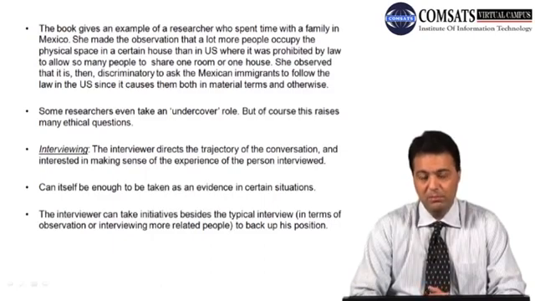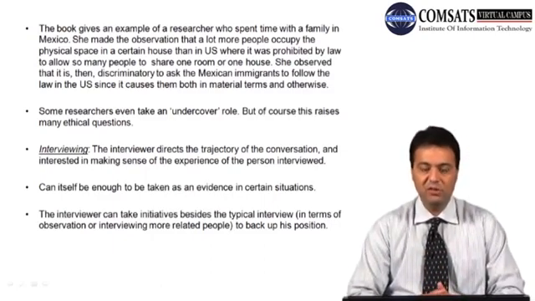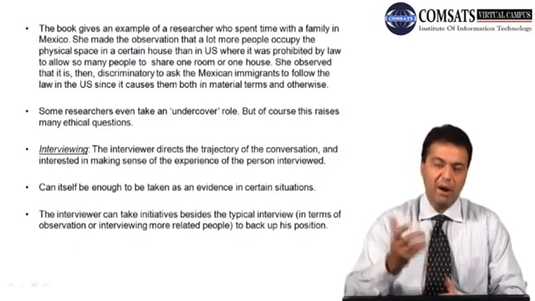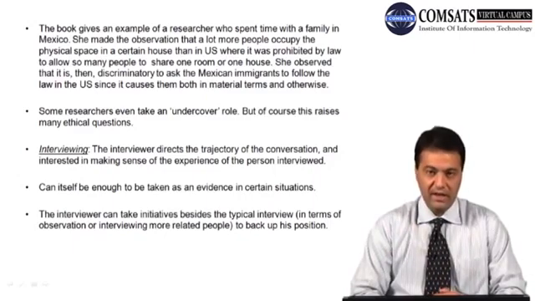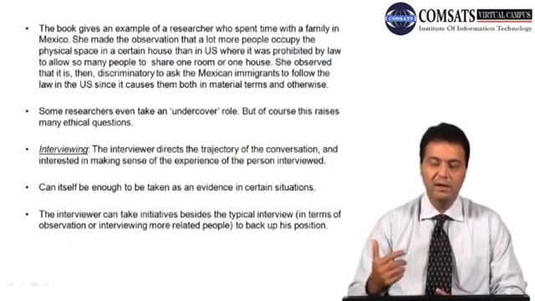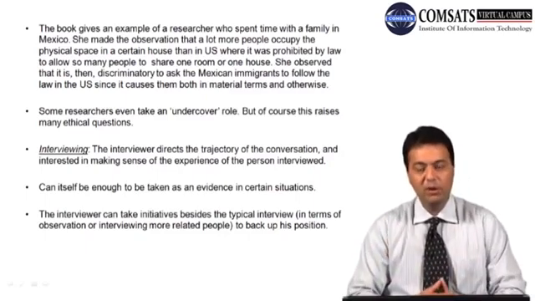So the Mexican families are quite like our families in the sense that those are combined family systems. A lot more people tend to occupy physical space in one room or one house than what people in the United States are accustomed to.